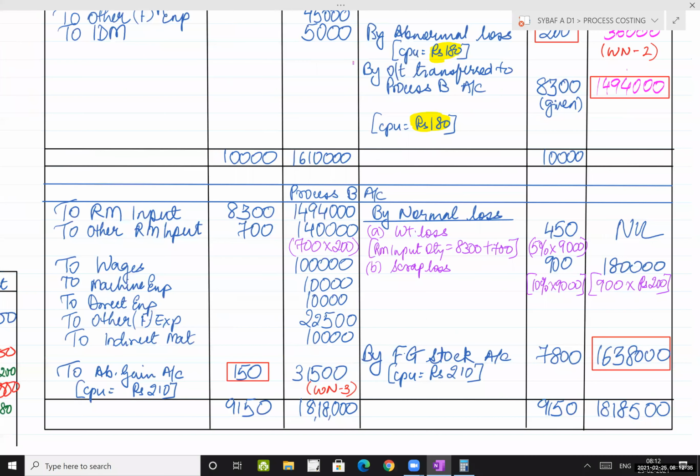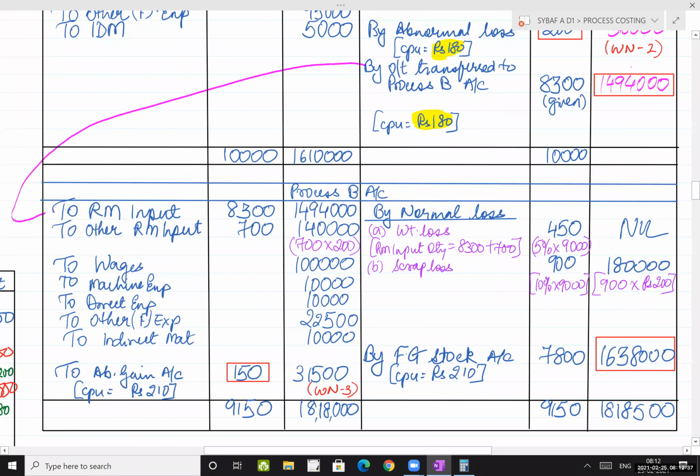See this, output of process A is the raw material for process B. ये नहीं भूलना. Okay, this is very important. So let us start.